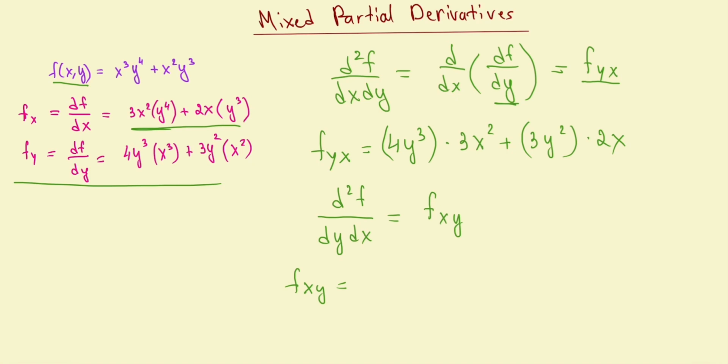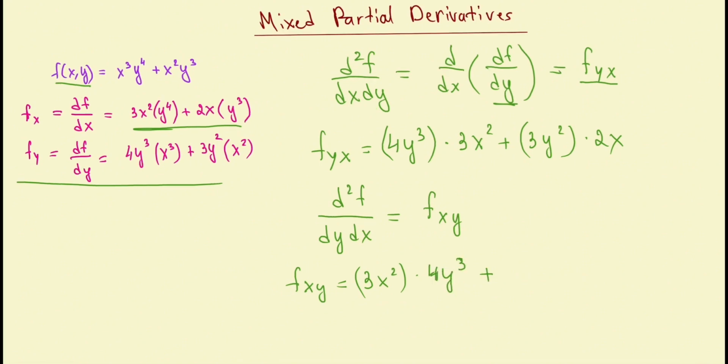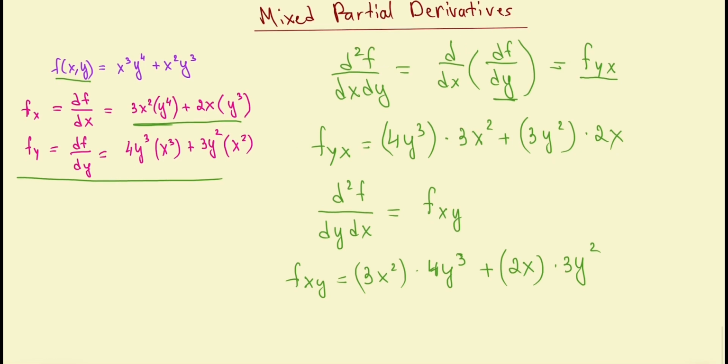Now we will be deriving this with respect to y. So we're going to treat the x's as constants. 3x squared is a constant, times derivative of y fourth is going to be 4y cubed, plus 2x is going to be our constant, times 3y squared. The rest will be simplified.